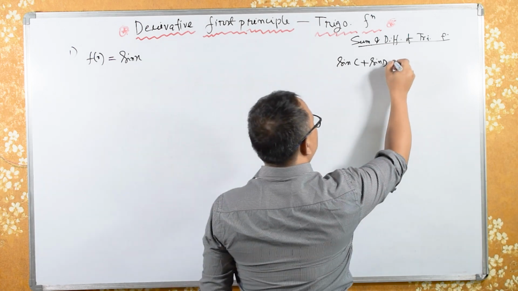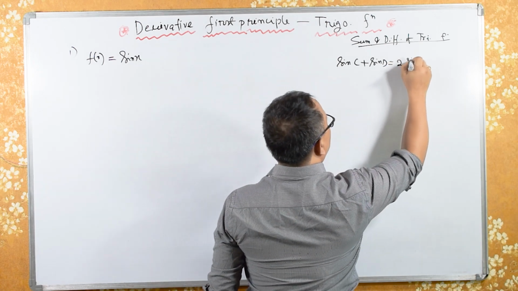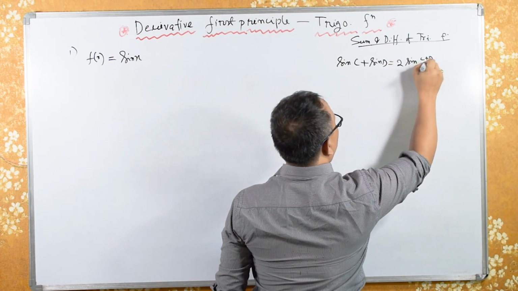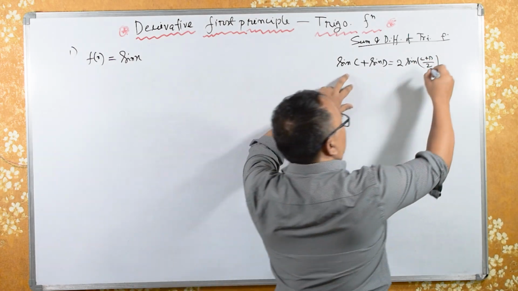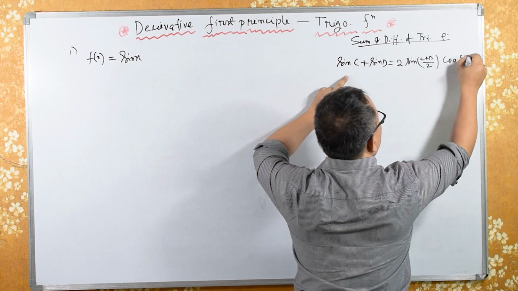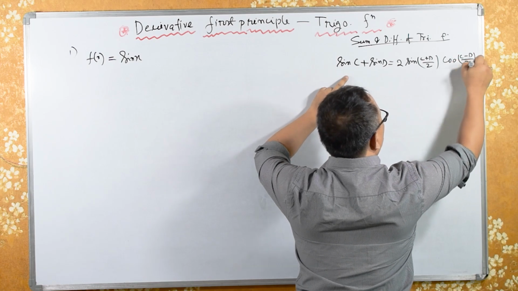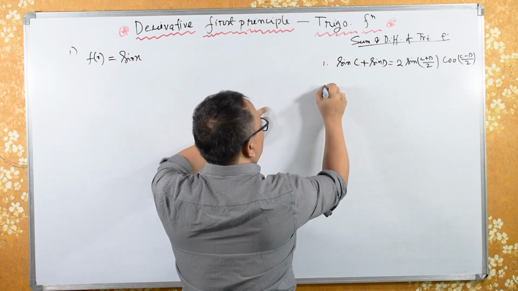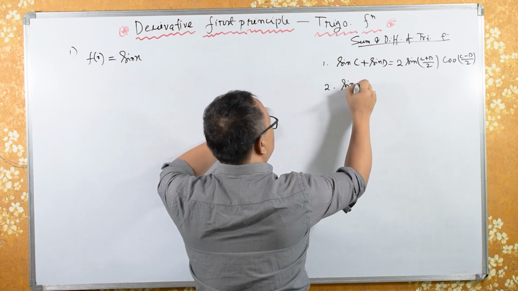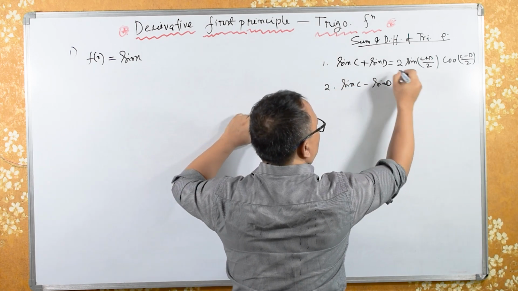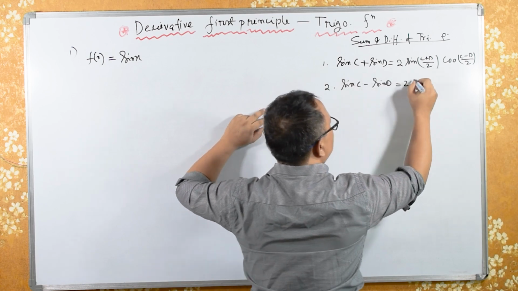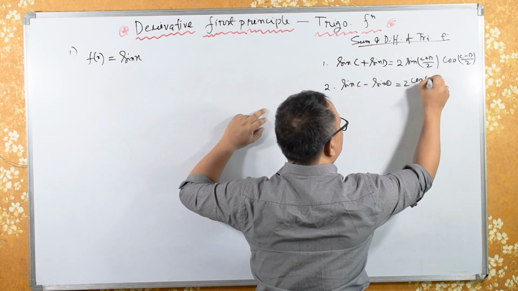Sin c plus sin d is 2 sin of (c plus d) upon 2 times cos of (c minus d) upon 2.